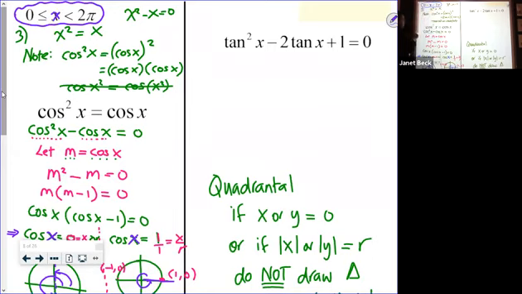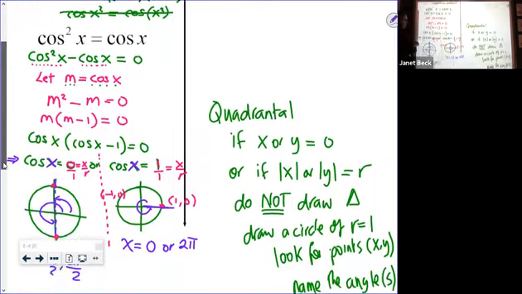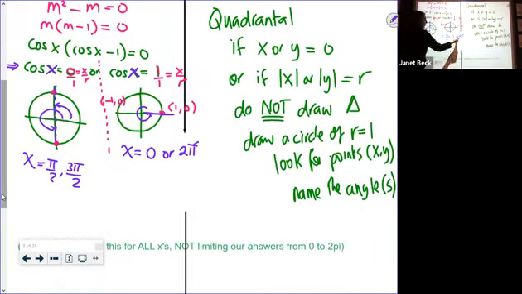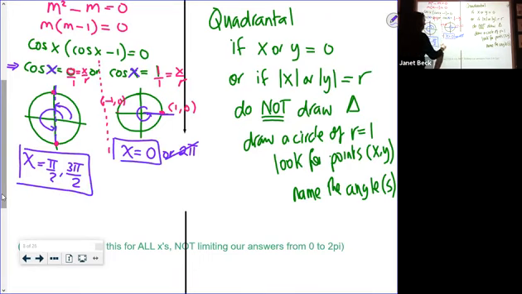We're not allowed to include 2 pi. So that one's too big. So that's our solutions to this equation. It's these two solutions and that solution. Our solutions are x is 0, pi over 2, and 3 pi over 2. We've got 3 solutions to this question.